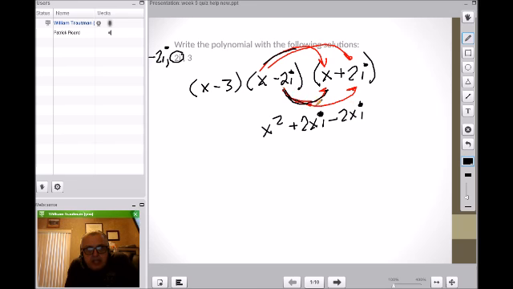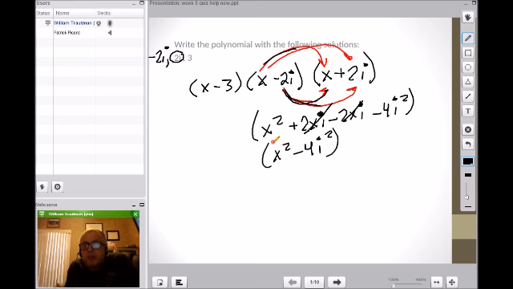And negative 2i times a positive 2i, negative times a positive is a negative 4i squared. I times I is i squared, so we just multiply those together. Do you see how 2xi and minus 2xi cancel? So I'm left with x squared minus 4i squared. There's something we had to remember from the last 2 weeks: i equals the square root of negative 1, and i squared equals negative 1.